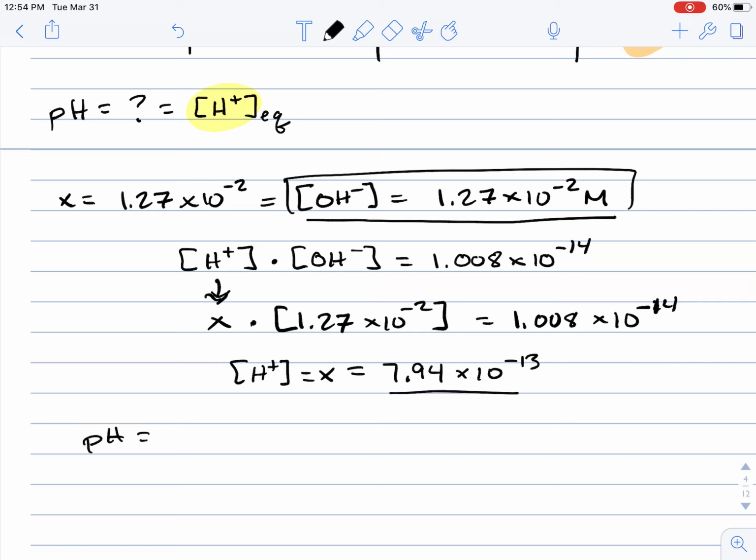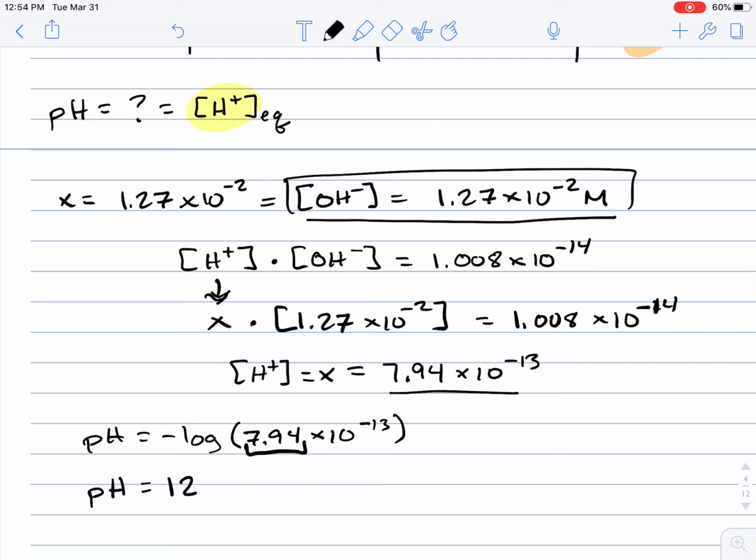So pH is equal to negative log of 7.94 times 10 to the negative 13. All right, and the pH that I'm getting here is going to be 12.